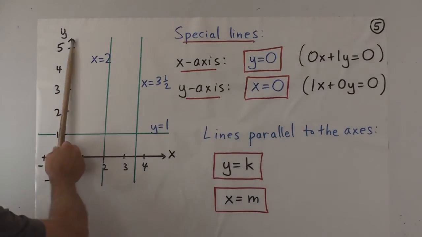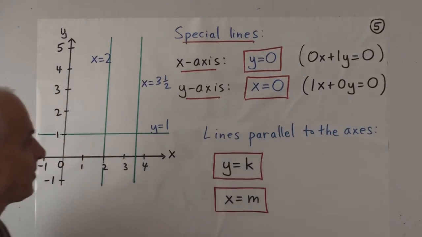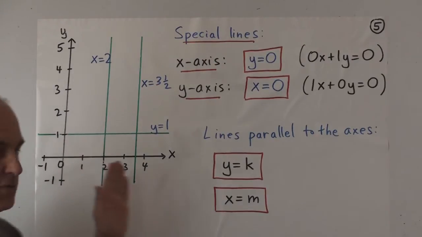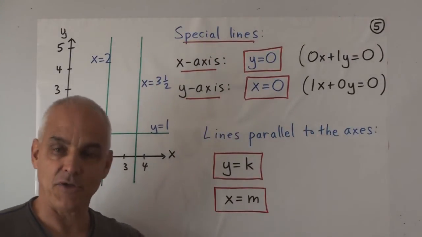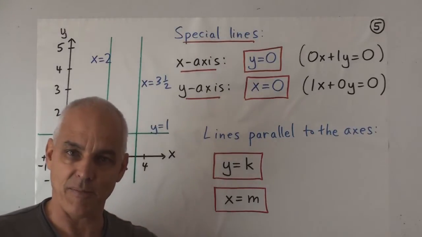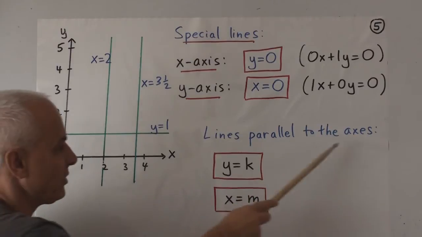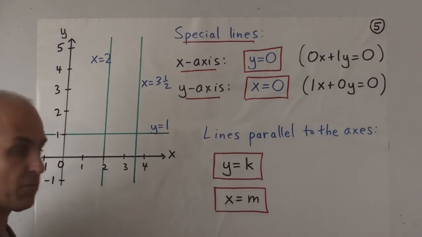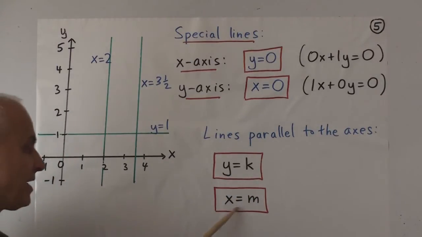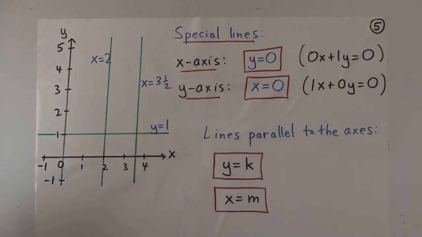The y-axis, on the other hand, has equation x equals 0. Now, other lines which are closely related to these coordinate axes are the lines which are parallel to them. And they also have very simple forms. Lines parallel to the axes are either the form y equals some constant, say k, or x equals some constant, say m.